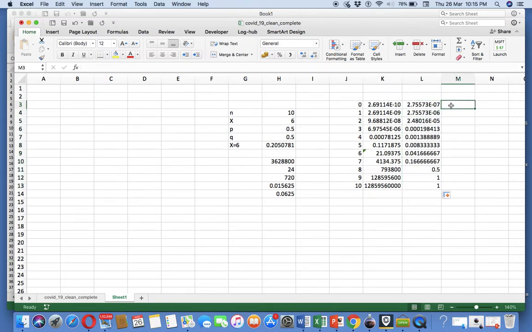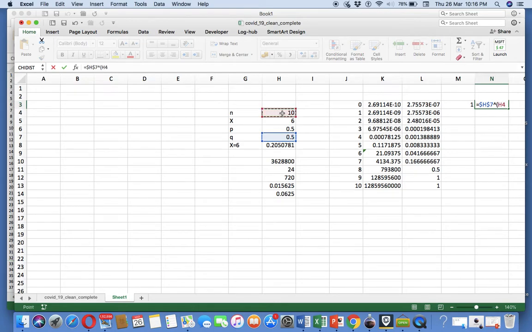Then I'll do the second part. So it is p raised to the power of x, q raised to the power of 10 minus x.